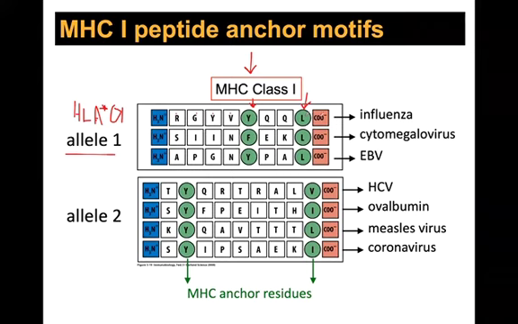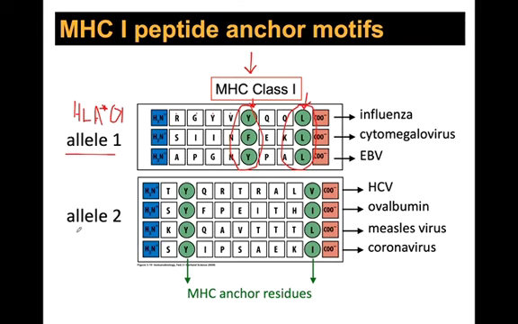Okay, so these are different peptides from influenza, CMV, and Epstein-Barr virus that are presented on HLA-A01, and they have similarities in their anchor residues. These are the parts of the peptide that are binding to the MHC. The rest of it you can see is very different. So it's really the anchor residues that matter for binding.